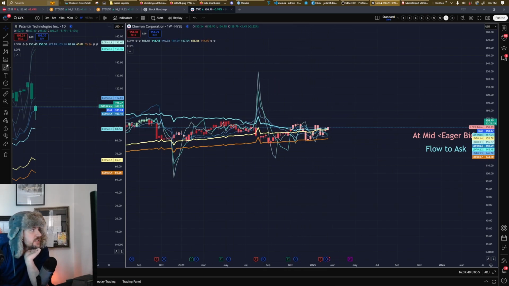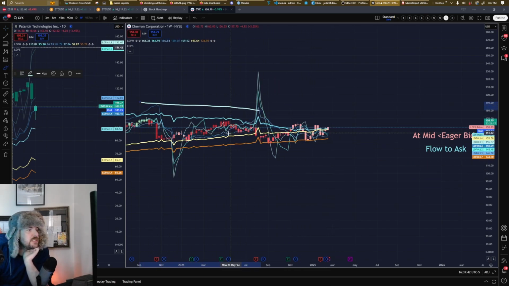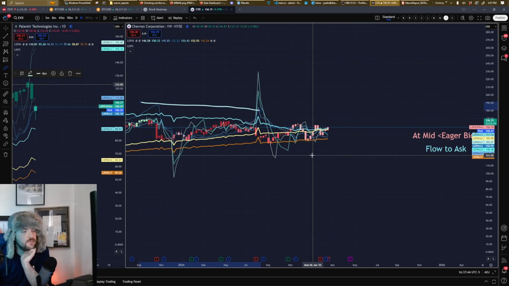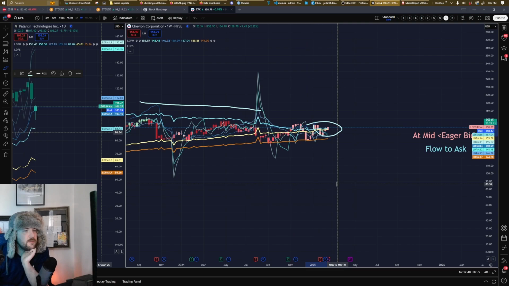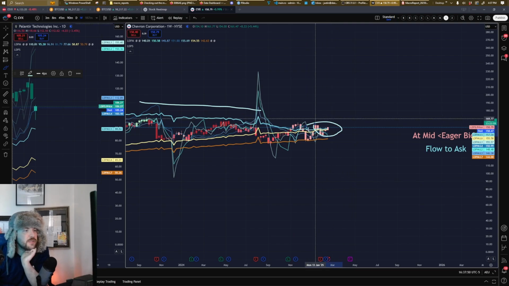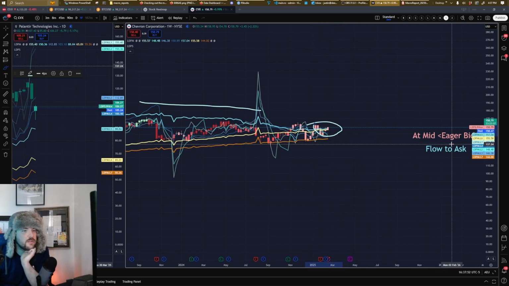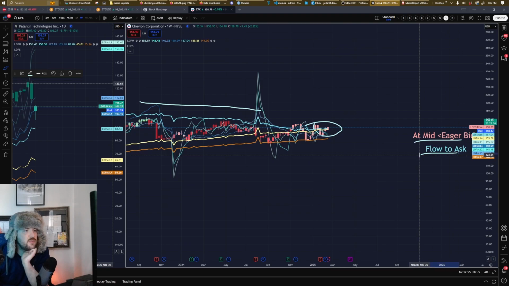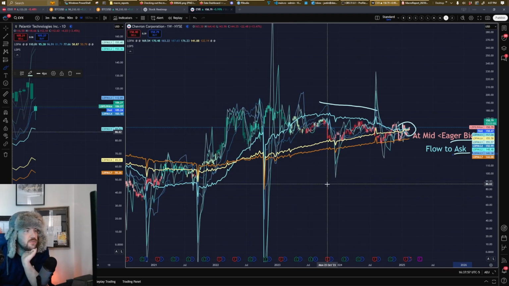The entire time LDPM maintains its bull stack, so the entire time it's a bear trap. And it looks like now we're peaking up above the organic ask, and we have an eager bid, and we're flowing to the ask.